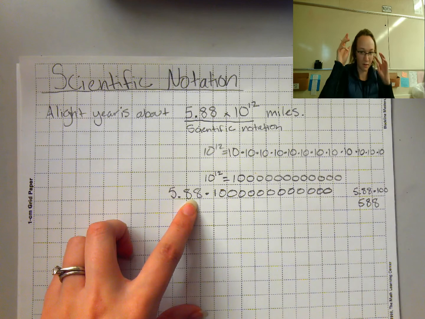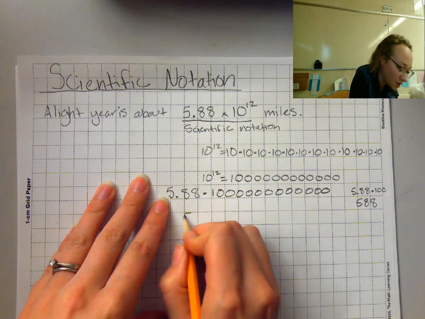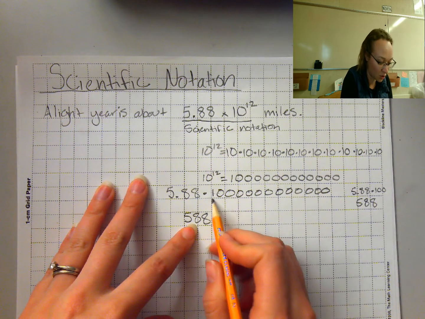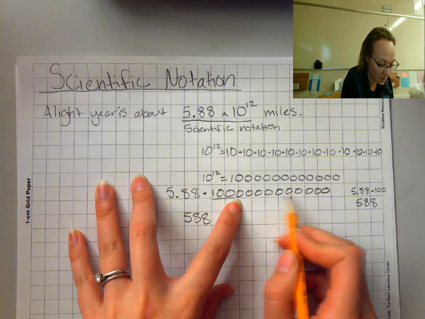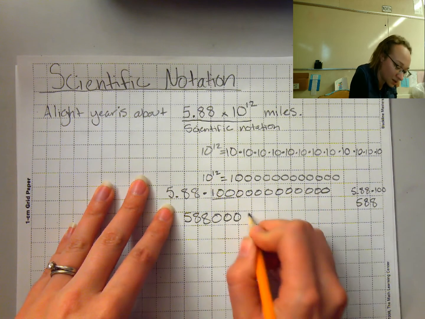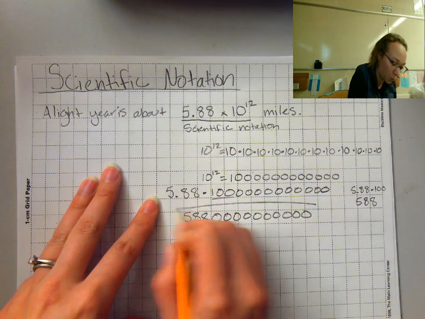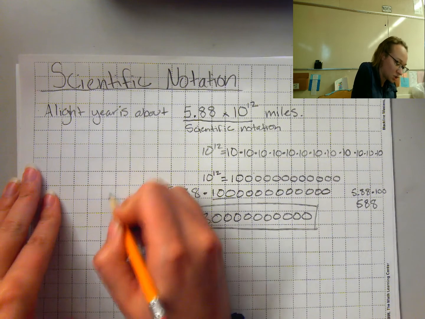So that means this would be 588. That uses up these first three digits, and then I'd have 10 left. So this is in standard notation.